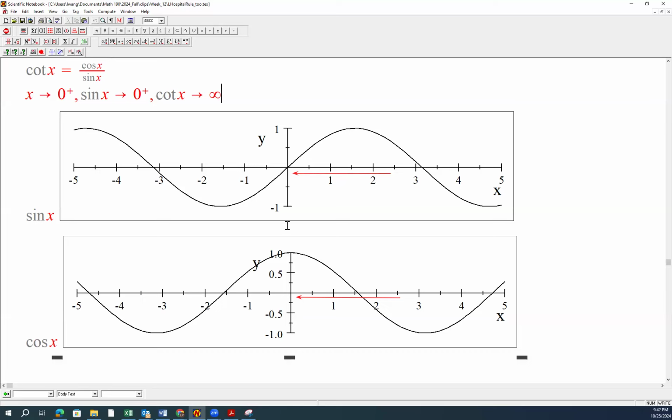This is how you can use the basic graphs of sine and cosine. But if you have a little familiarity with cotangent, you can also see that by graphing the cotangent curve. Here I'm just using minimal knowledge about trig functions, just sine and cosine, to resolve this issue that involves cotangent.